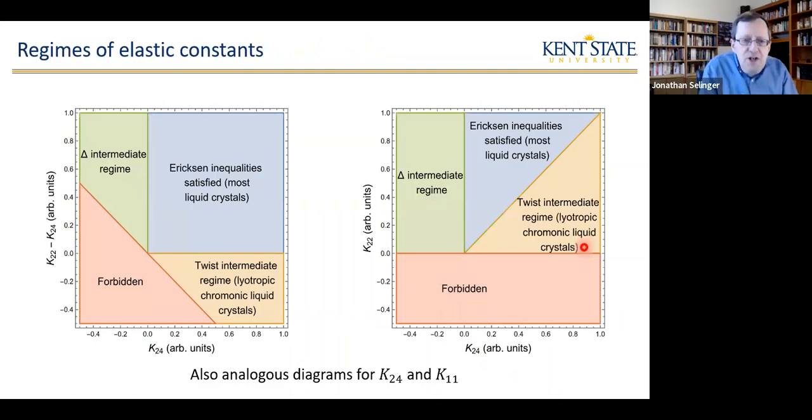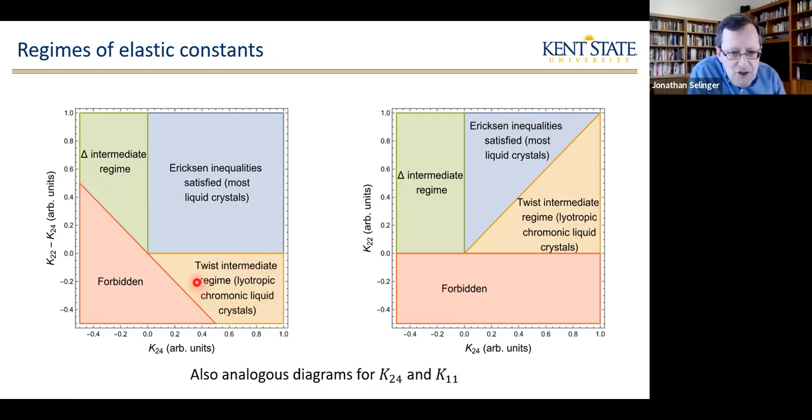So to put the results together, we can make a diagram showing regimes of the elastic constants. Here's a diagram in terms of K24 and the difference, K22 minus K24. We can see there's this Ericksen regime where both of these quantities are positive and the optimum local state is uniform. Then there's the twist intermediate regime, where we have lyotropic chromonic liquid crystals.